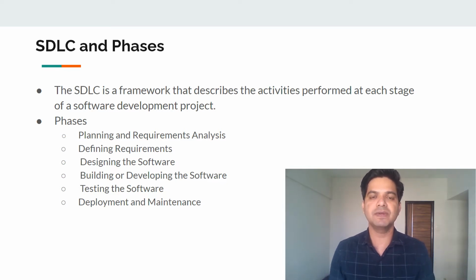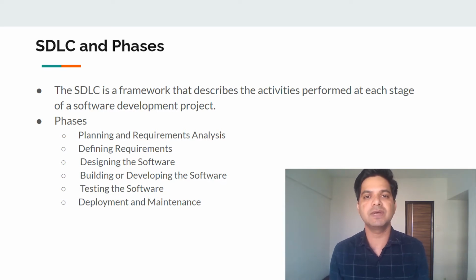In the same fashion, whenever we want to develop a software application, we definitely need to have some framework in front of us that we can follow, which helps us make sure that we are completing the software application within the specified time and budget, and also meeting all the customer expectations from that particular software application.